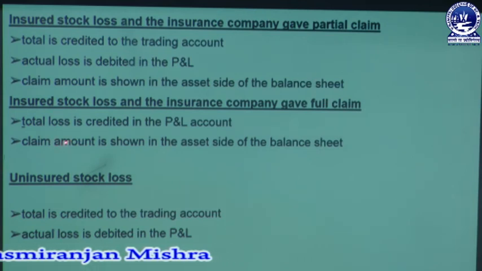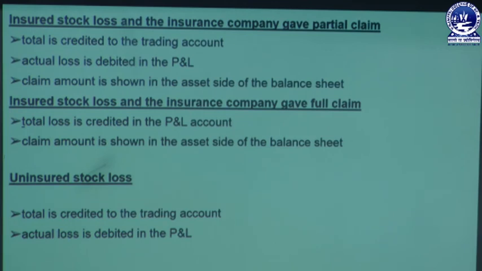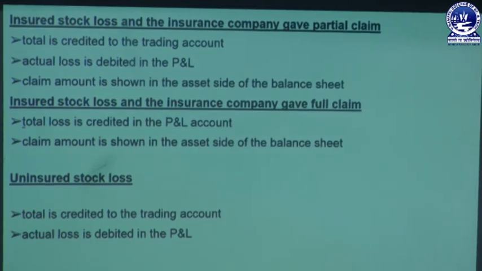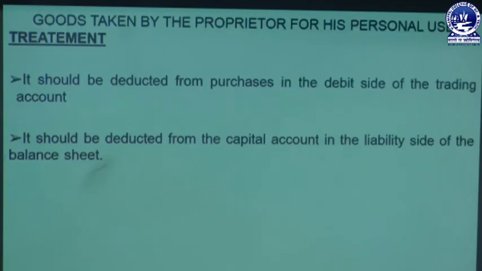Second case, insured stock loss where the insurance company gave the full claim: the total amount of loss is directly credited to the profit and loss account, and the claim amount is shown on the asset side of the balance sheet. If it is uninsured stock loss, that means stock lost but not insured, the total is directly credited to the trading account, and the actual loss is debited to the profit and loss account.